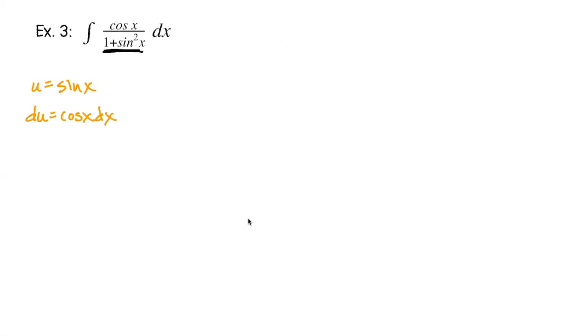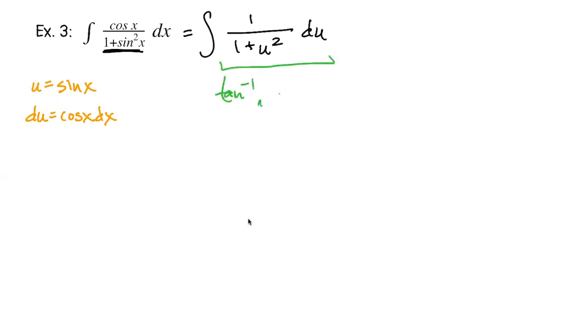When we substitute all of that in, we'll end up with the integral of 1 over 1 plus u squared du. And that we definitely want to know for tomorrow is a very classic case, arctan. In this case, our a equals 1. So what we get here is the arctan of u plus c.